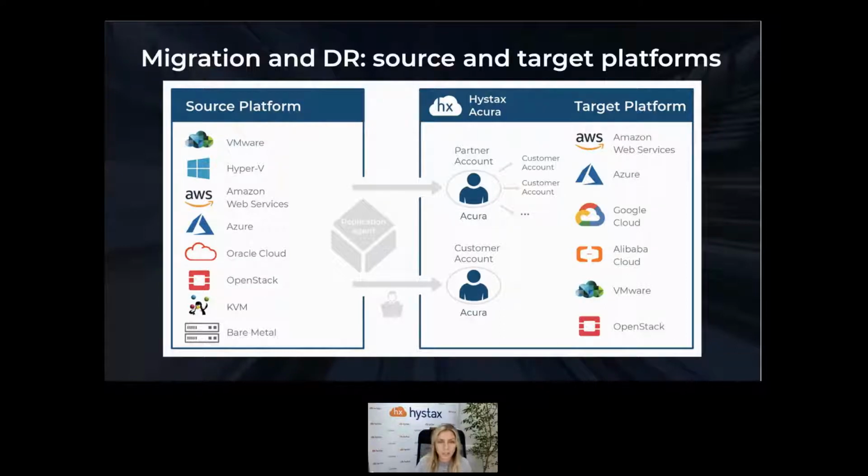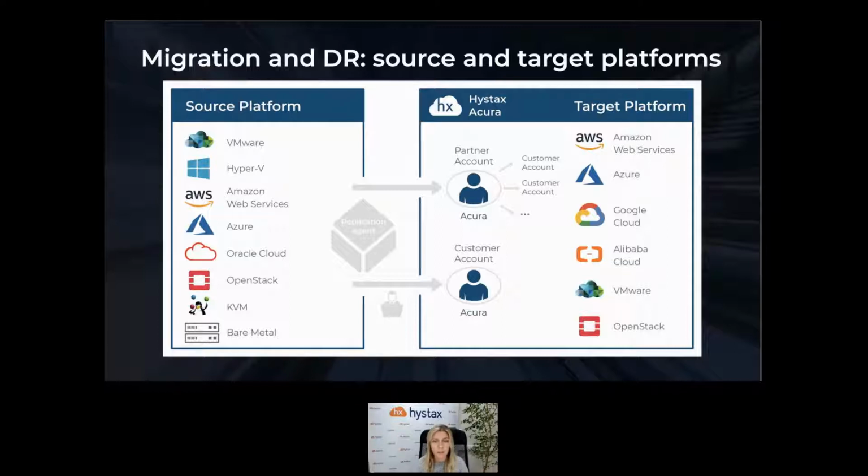Moving forward, here you can see a selection of the platforms our solution Acura works with. The chart shows we are truly any-to-any. Acura is not just a tool or a set of scripts for manual migration, we have a fully automated solution.